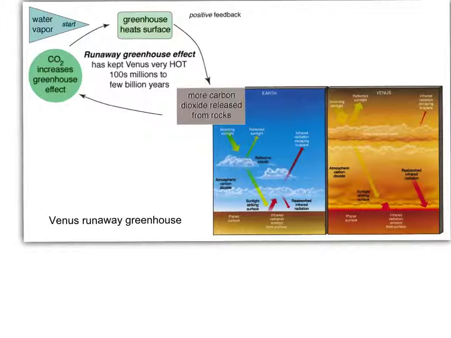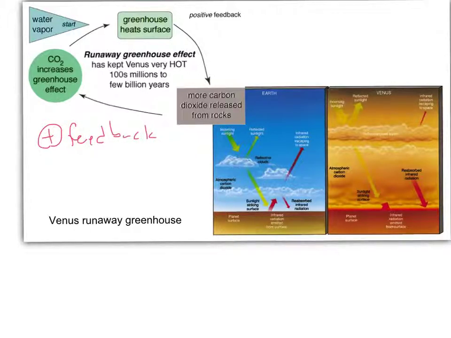We've already talked in class about Venus being subjected to a runaway greenhouse effect, resulting in it being the very hot planet that it is today. So I won't go through that again, but there were, again, two sources of positive feedback loops in here.